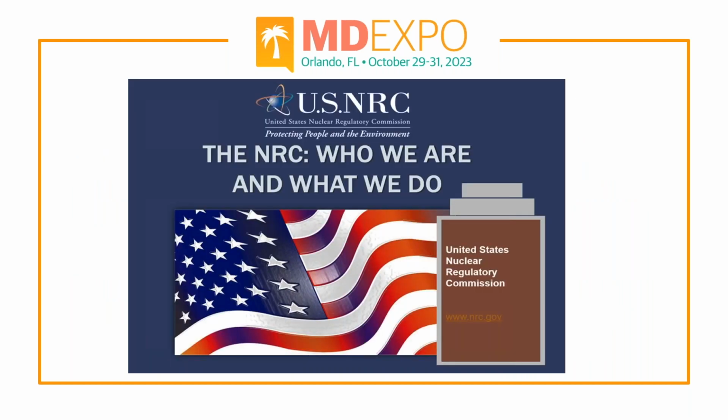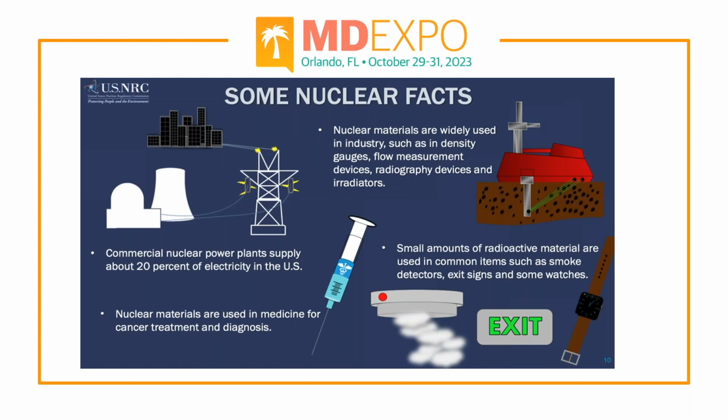So the NRC actually has a nice slide presentation, and this is really taken from their website. The section that pertains to some nuclear facts is down here. Obviously it's used in the nuclear power industry, and a small amount of radioactive material is in smoke detectors and other things. Nuclear materials are used in medicine for cancer treatment and diagnosis.